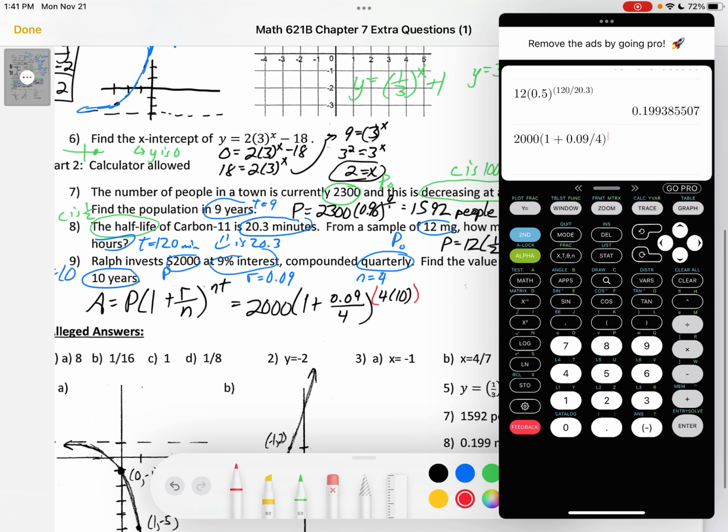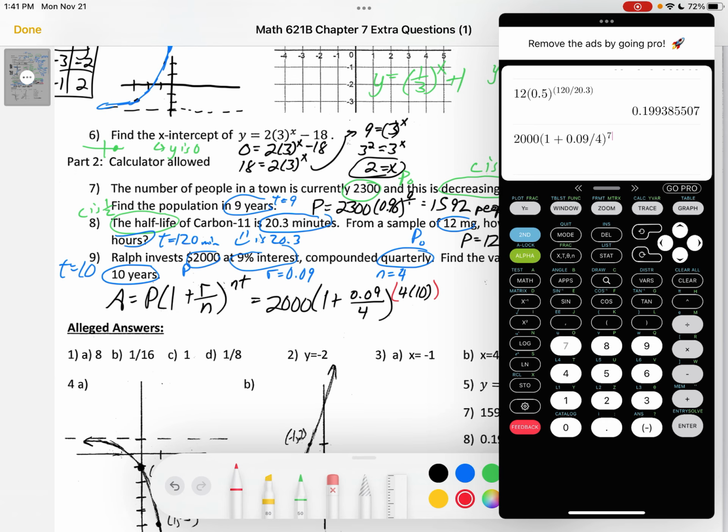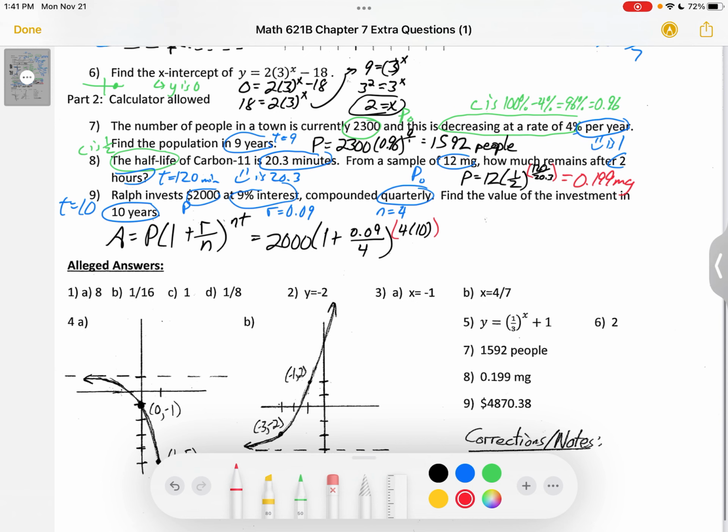I don't need a calculator for that. So that would be to the power of 40. And it gives me 4870 roughly. And 38 cents.